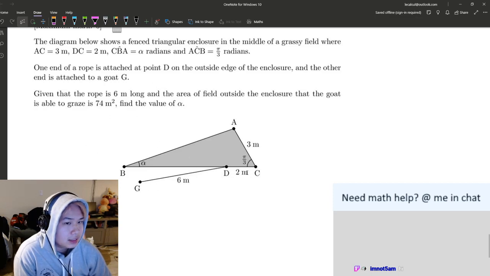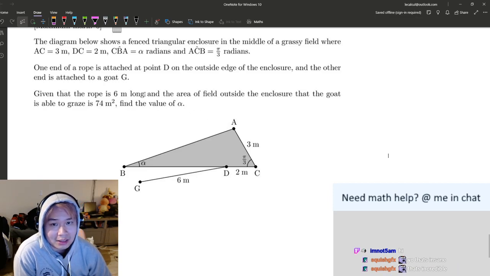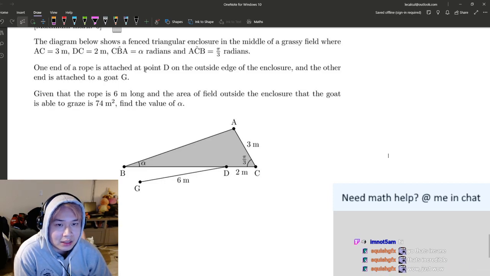We know that this is 6, and we know the area of the field outside the enclosure that the goat can graze is... Okay, I need to actually read this. End of the rope attached at point D, and the other is... Okay, so then there's a goat here, I guess.